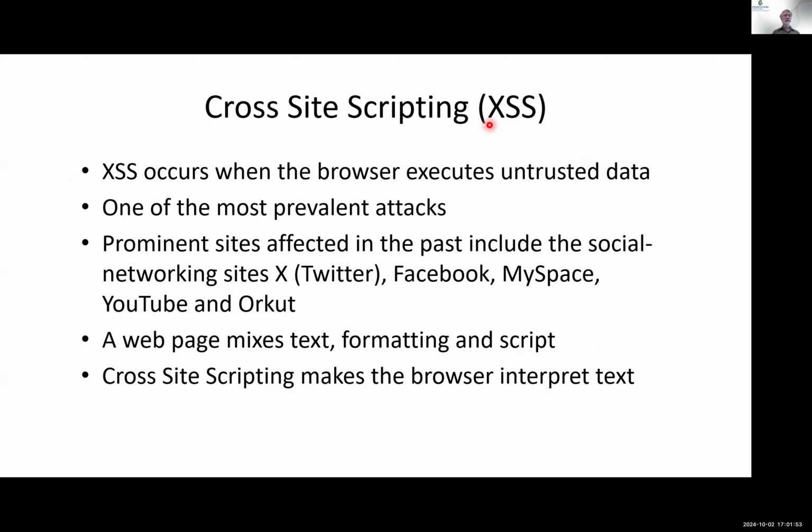Okay. Cross-site scripting, often abbreviated XSS, is an attack using untrusted data in a JavaScript situation. It's very common, it's a very popular attack. It has been used for years. All your favorite social networks, Twitter, Facebook, MySpace, YouTube, all the others were hit by it.